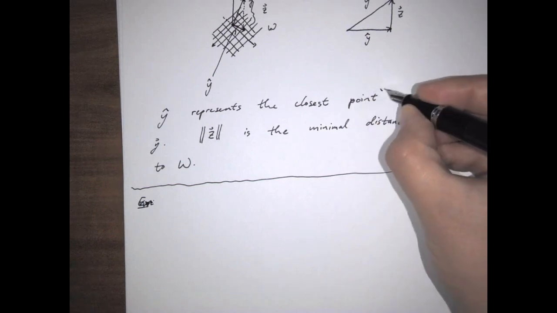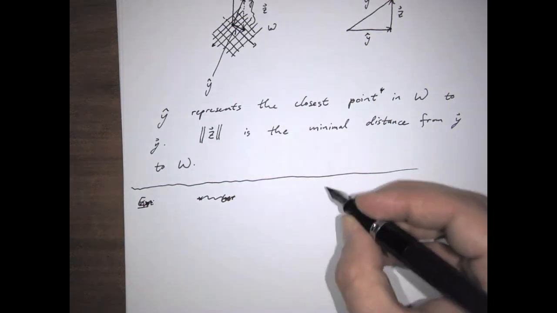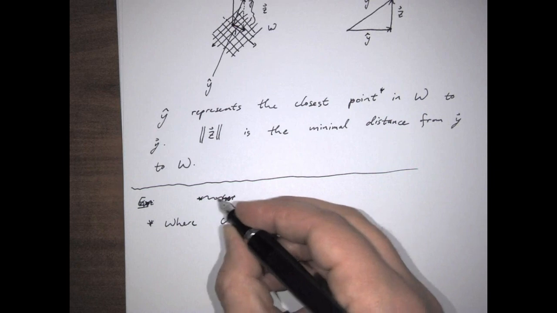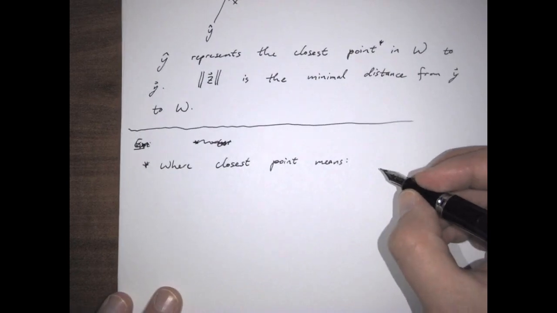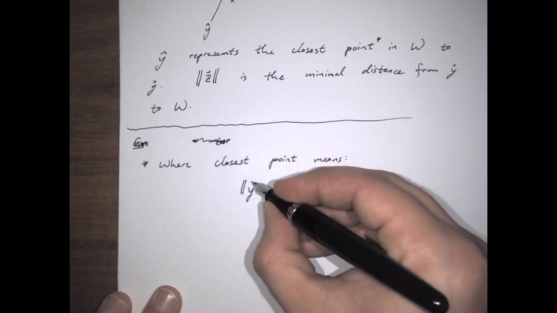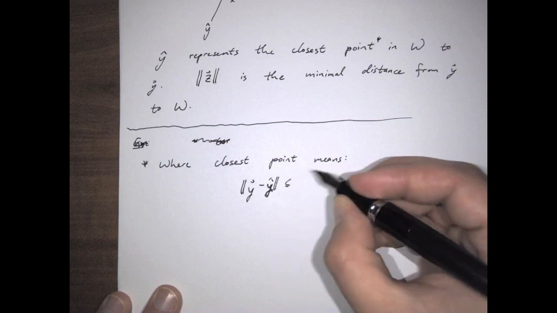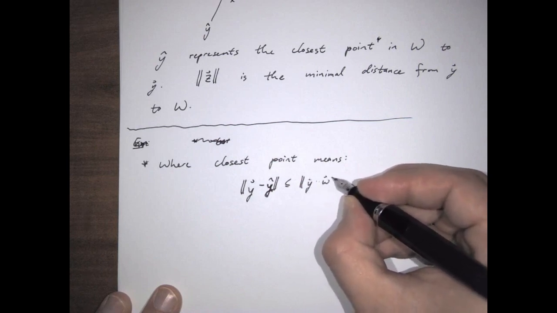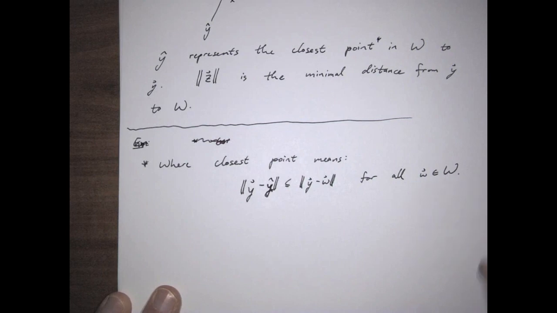So what does closest point mean here? Closest point means that the absolute value, or the magnitude, in other words, the length of y minus y hat is less than or equal to the magnitude of y minus w for all w in W. So that's what I mean by closest.